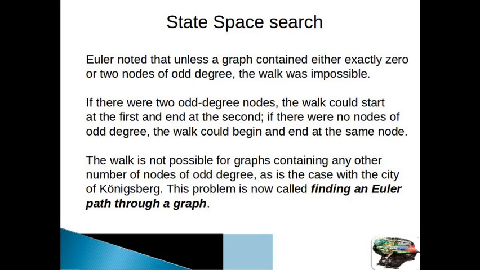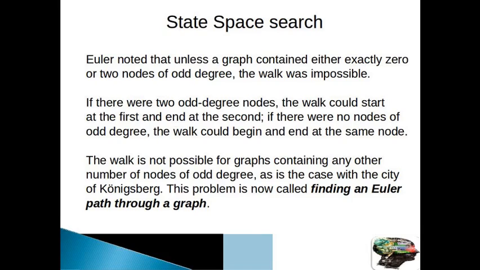We cannot have a single walk through all the bridges. The other thing is, it should contain exactly 0 or 2, not 1 odd degree node. That is not possible. Either it should be 0 odd degree nodes or 2 nodes of odd degree. That is the only possibility.